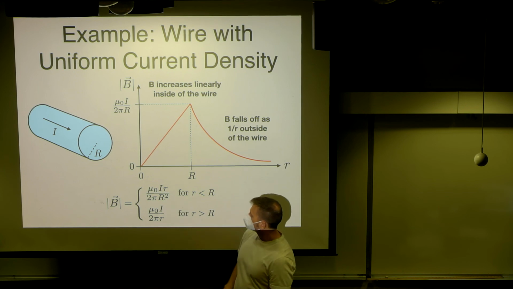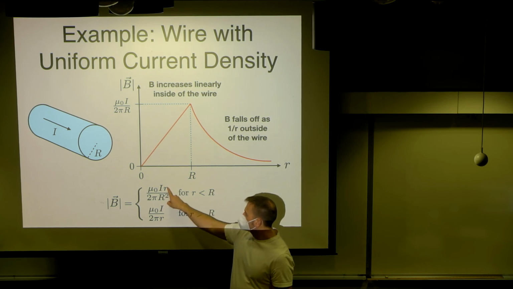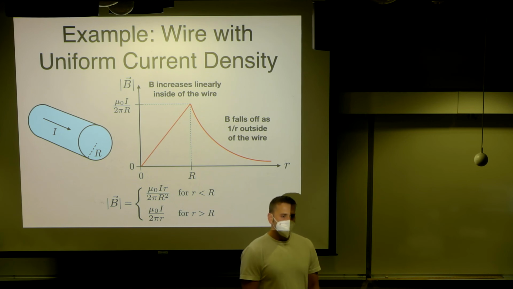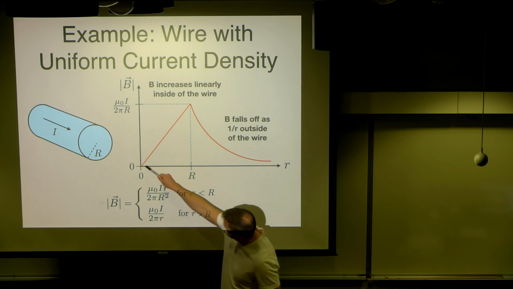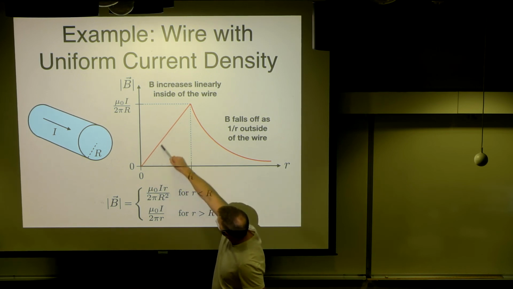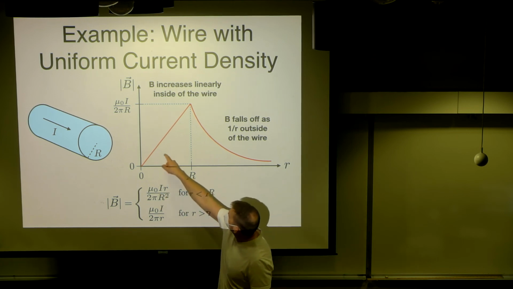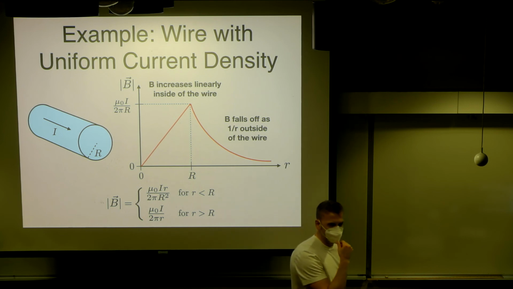The first part of the graph, for small radii inside the wire: what's the dependence on little r? All this other stuff is constant, little r is the variable. It's just a linear relationship, right? We just have r to the first power. So you should just see a straight line going from 0 up to some maximum value as long as we're inside the wire. B field is increasing linearly with distance.